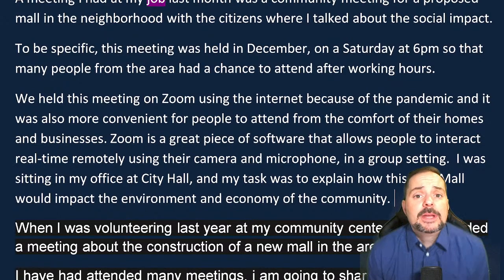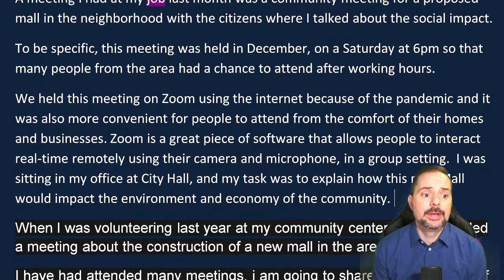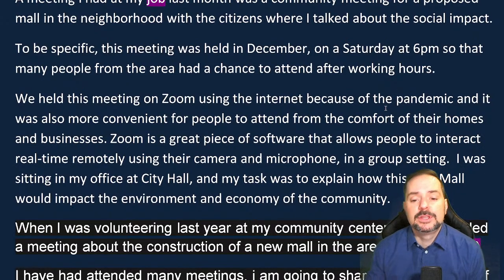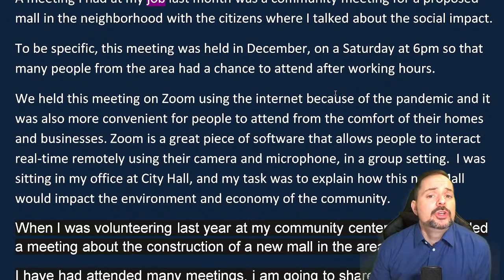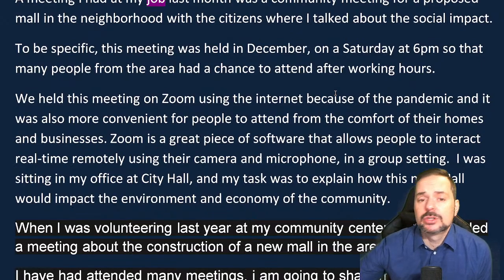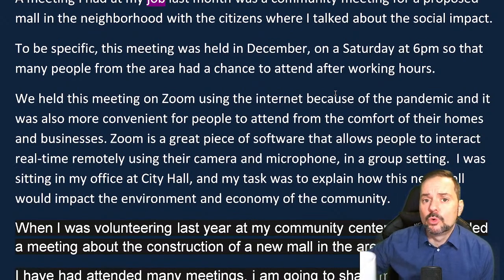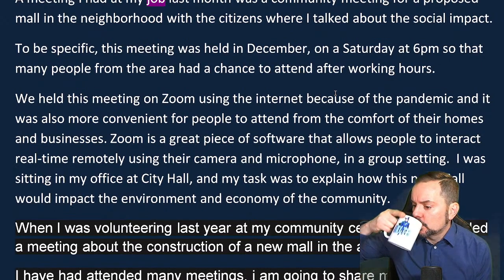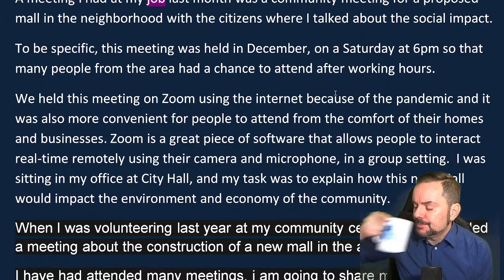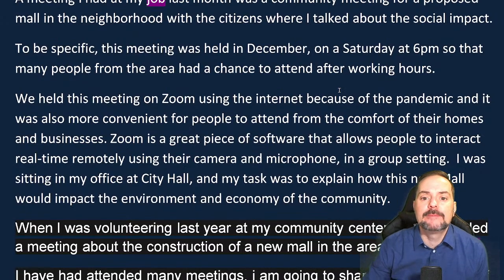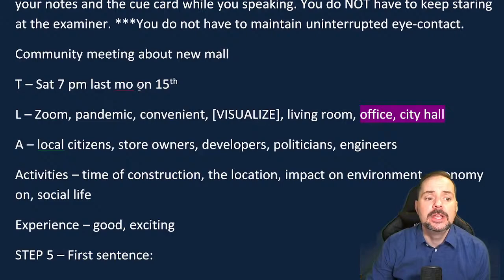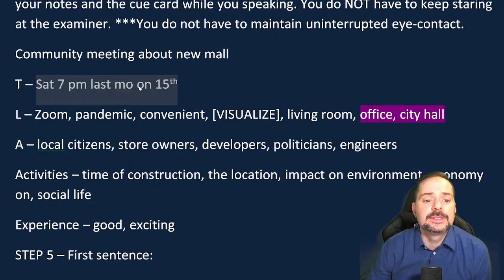Okay, I'm just putting my notes together. If you're wondering how do I come up with all of this so quickly, you don't have to use the same words. Focus on the ideas more than the words. Here I'm focusing on the ideas in my notes. I talked about the time, and even if the time is a little bit different in my notes than what I say, that's totally fine.